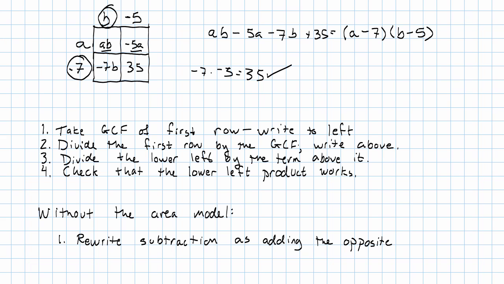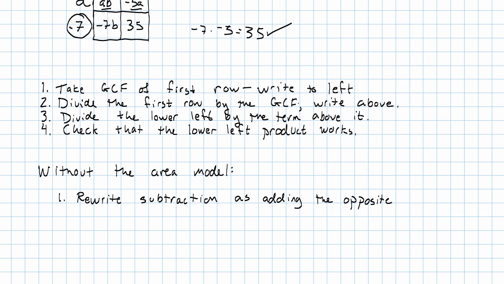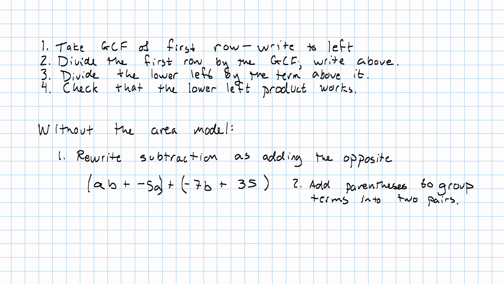So we'll have ab plus negative 5a plus negative 7b plus 35. Okay, and now what we're going to do is put in parentheses to group the terms into two pairs.